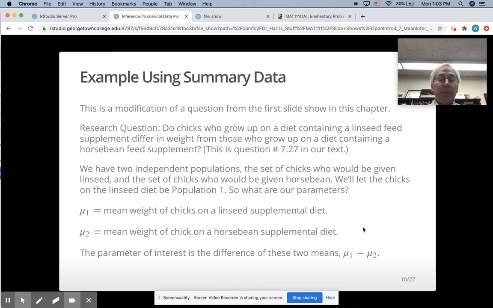So mu1 will be the mean weight of the chicks that grow up on the linseed diet. Mu2 will be the mean weight of the chicks that grow up on the horse bean diet. Our parameter of interest, once we've described mu1 and mu2 in words, is the difference mu1 minus mu2.